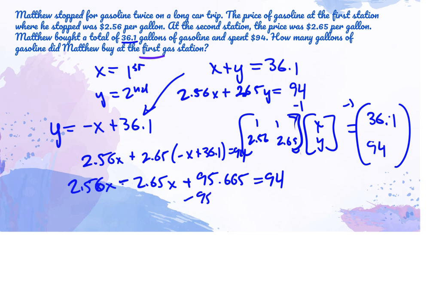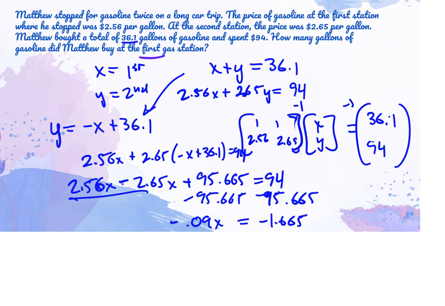So then if I subtract this, I get negative 1.665, and subtract this, so 2.56 minus 2.65 is going to be negative 0.09x.